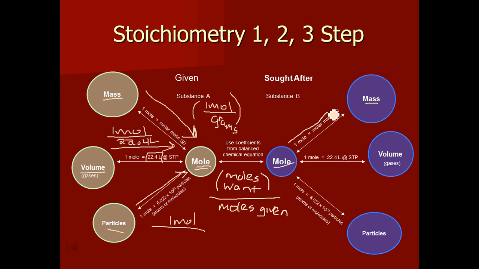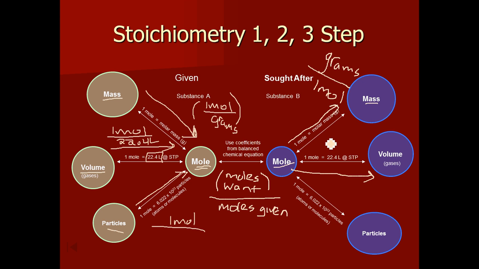Well, I'm going to go up this time, and it's actually going to be the opposite of this one over here. So instead of 1 mole over grams, it's going to be grams over 1 mole. Let's say that I'm going from mole to volume.